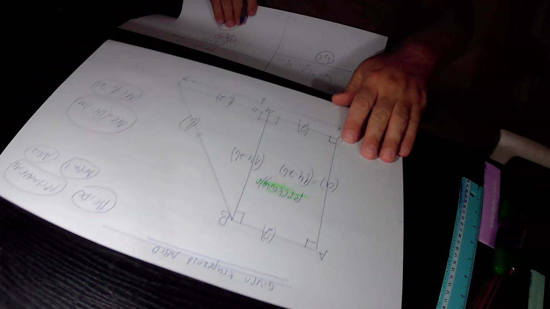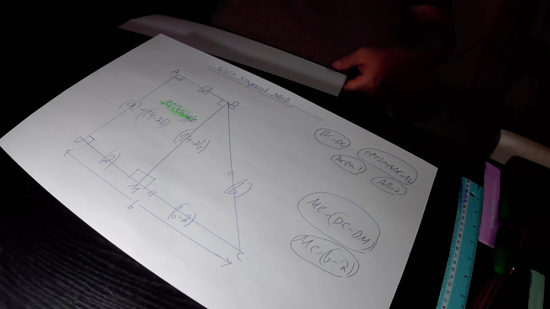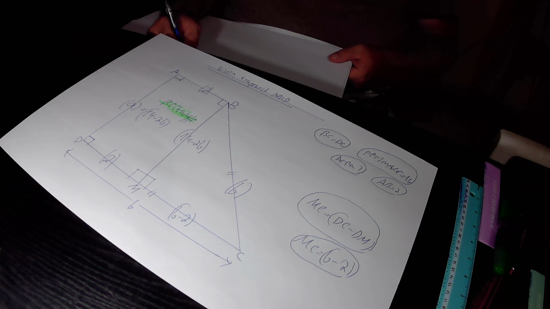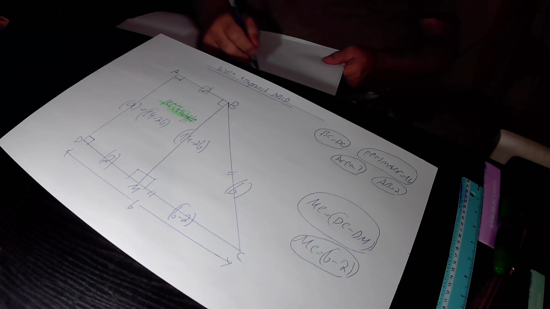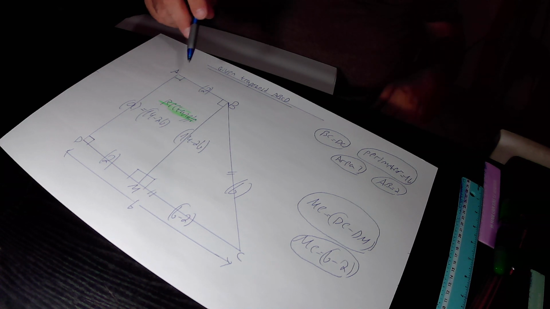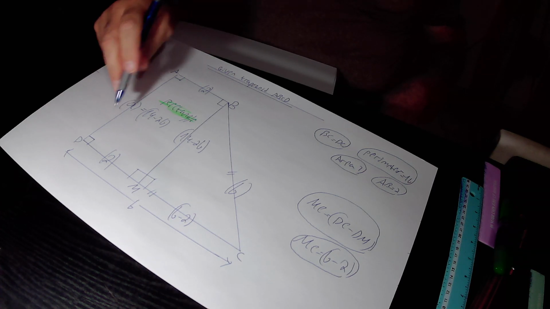Our mission is to find the area of this trapezoid ABCD. So what is the area of trapezoid ABCD? According to the formula that I presented to you, the area of trapezoid ABCD will be equal to the sum of its two parallel bases, that is AB plus DC, times the height divided by 2.